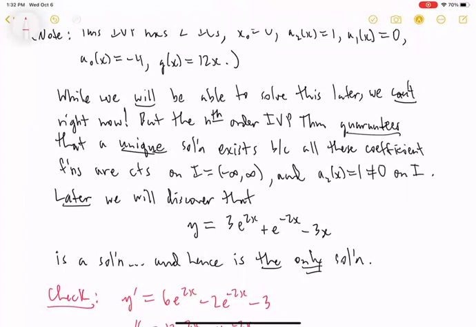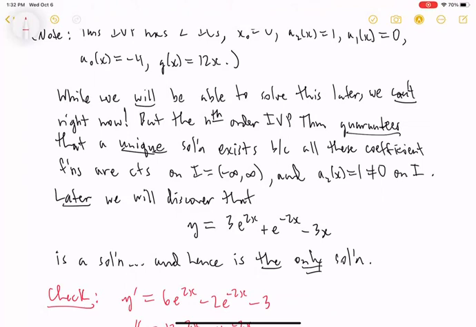So watch this. If you take the derivative, it's going to be 6 e to the 2x minus 2 e to the minus 2x minus 3. Why? How did I get 6 here? What did I apply? Chain rule, right? It's just 3 e to the 2x times 2 because of the chain rule. And then it's going to be e to the negative 2x times negative 2 by the chain rule.